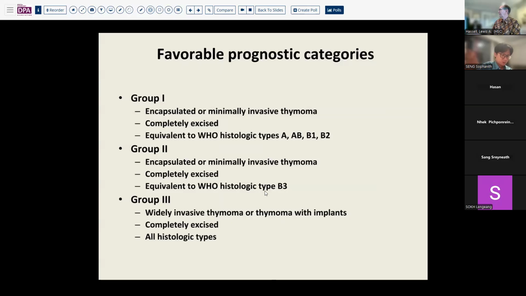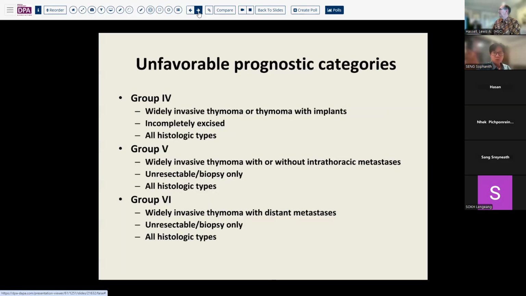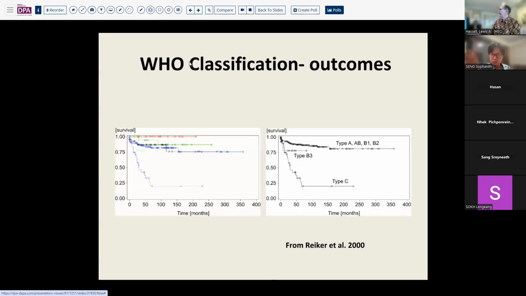The group 2s have a little bit more aggressive outcome, but maybe if they're completely excised would be in risk group 2, and any of these others which are widely invasive. Now, I'm just going to skip over this. If we look at the survival curves, I think you can see why this makes some sense.